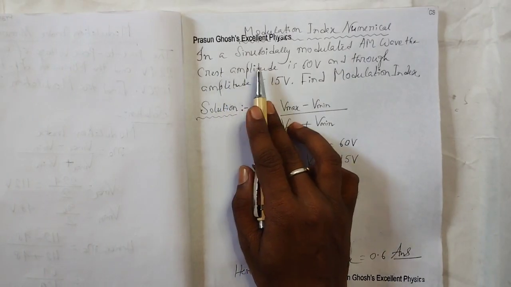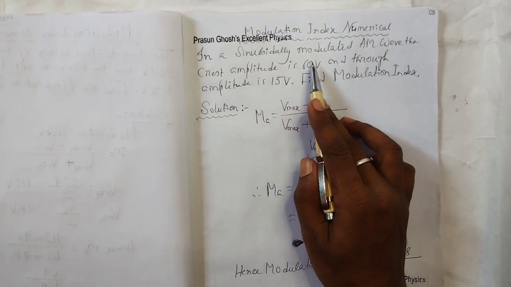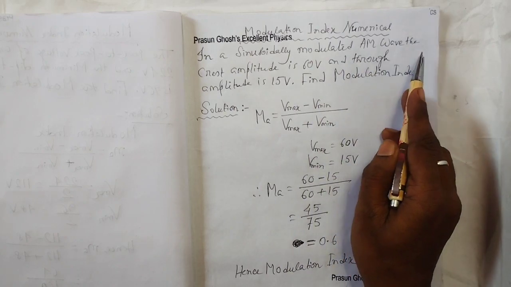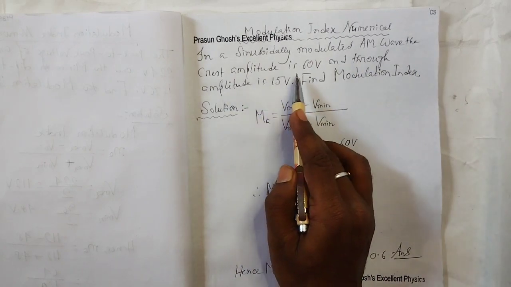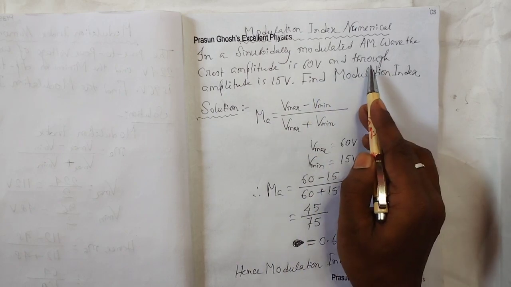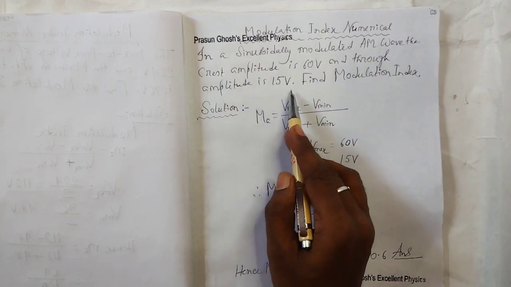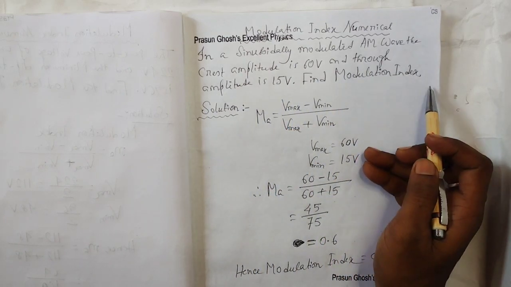In a sinusoidally modulated AM wave, the crest amplitude is 60 volt and the trough amplitude is 15 volt. Find the modulation index.